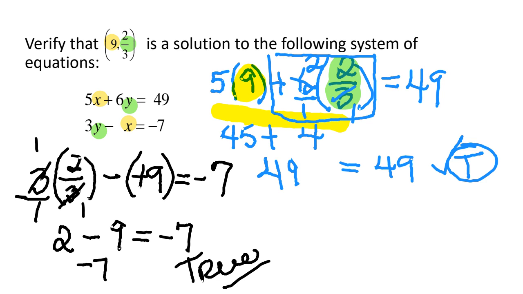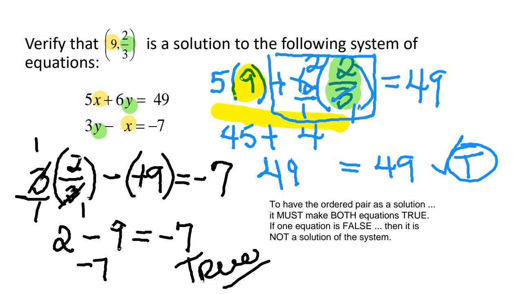So it's got to make both of them true. Notice I got a true here, I got a true here, then this (9, 2/3) is a solution, but it must make both equations true. If you get one equation that's false, then it's not a solution.